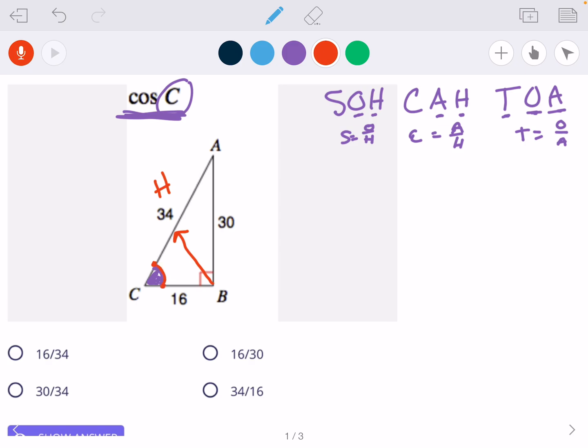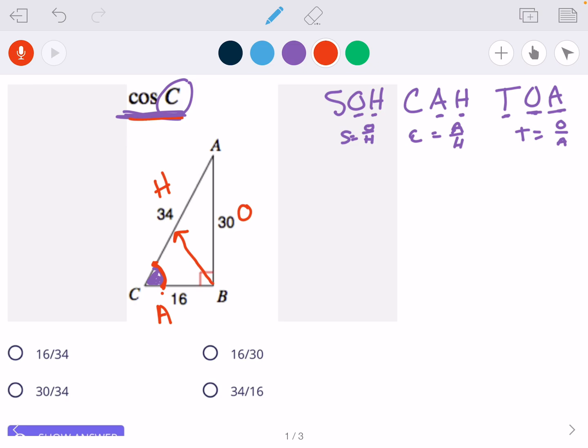What always touches the arc is your A and your H. So if this is your H, this has to be your A. So always remember what touches your arc. Put your pencil on it and trace it. The two things that touch the two lines of the angle are your A and H, leaving this 30 as my opposite.